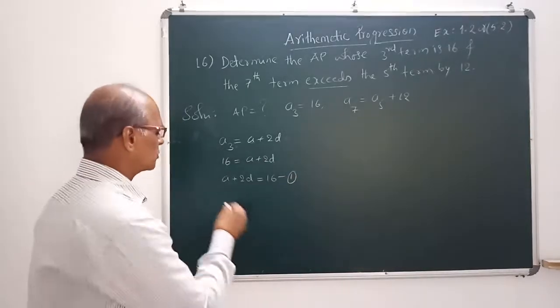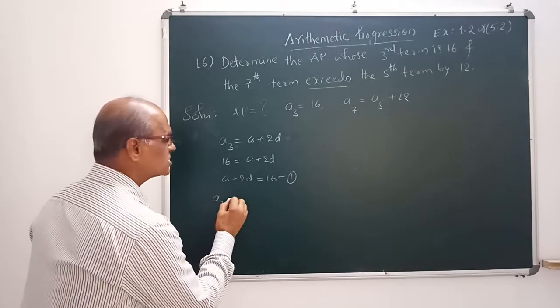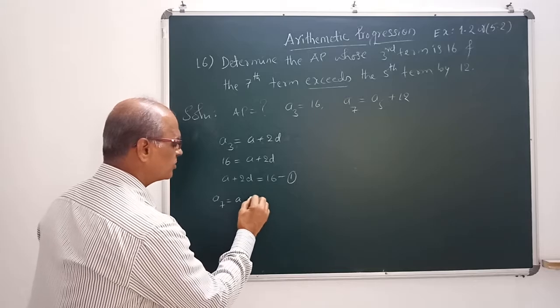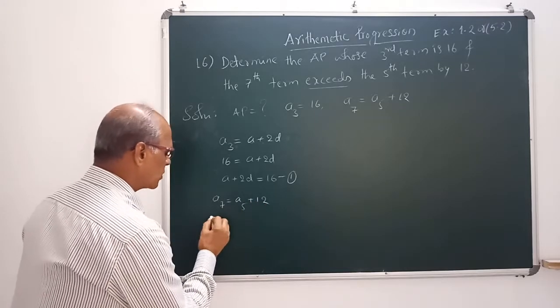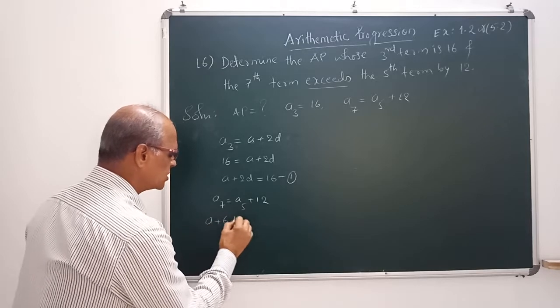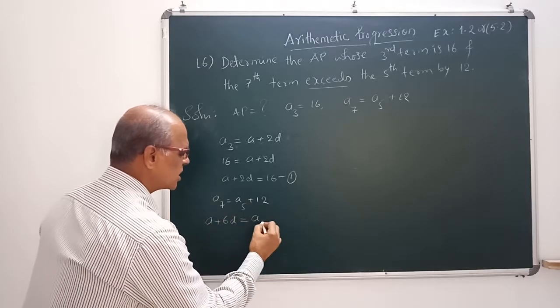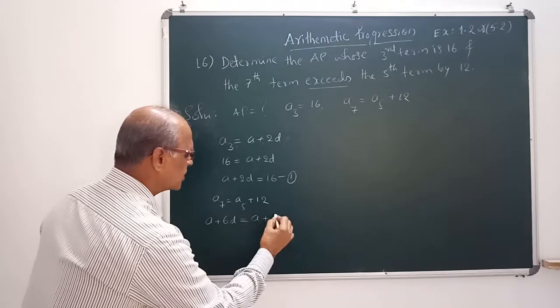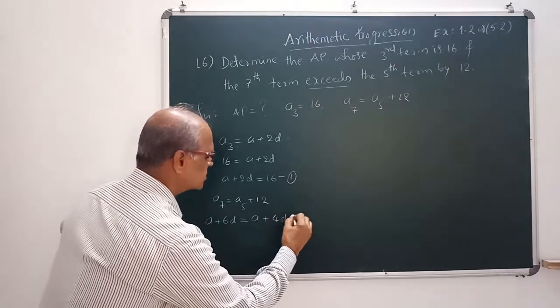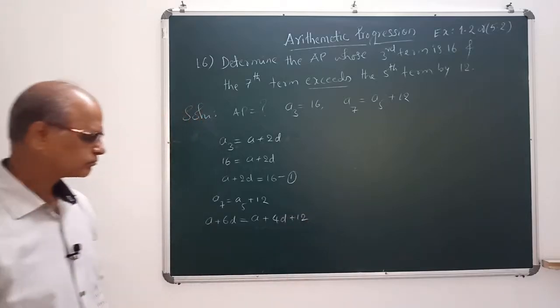Go for the next. What is A7? A7 is equal to A5 plus 12. Okay, how can A7 be written? A plus 6D. A5 can be written as A plus 4D, and this plus 12.